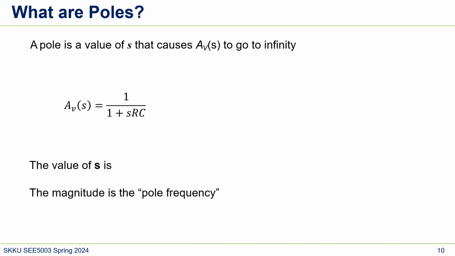So what is a pole? A pole is a value of S that causes A(S) to go to infinity. So in this case, for our RC example, the pole is minus 1 over RC. So the value of S is negative and a real number, and the magnitude is the pole frequency, so let's say 1 over RC.